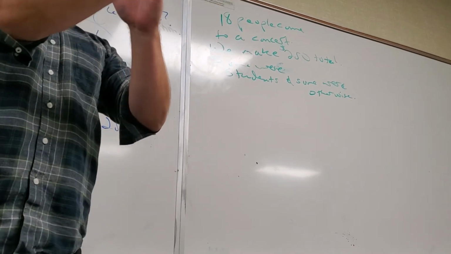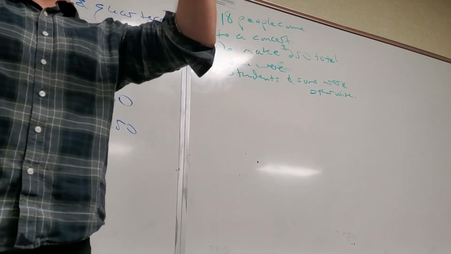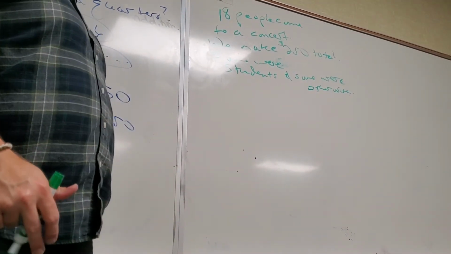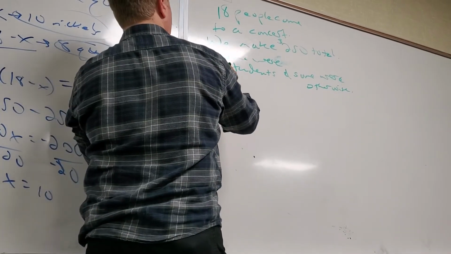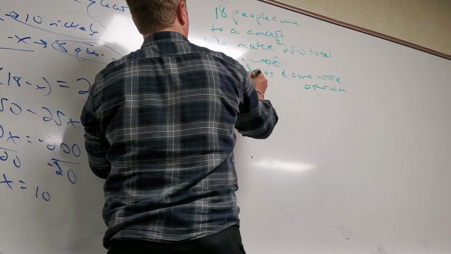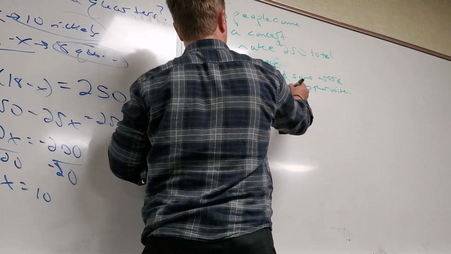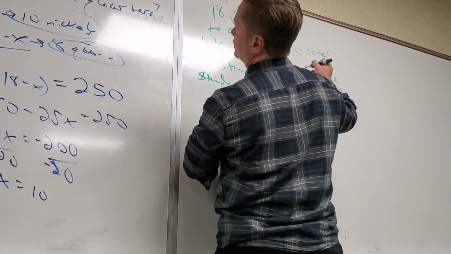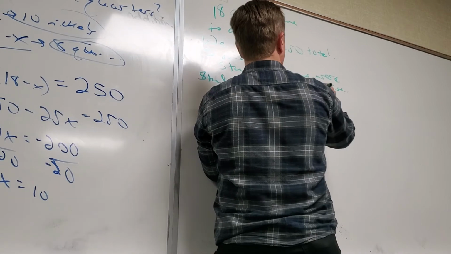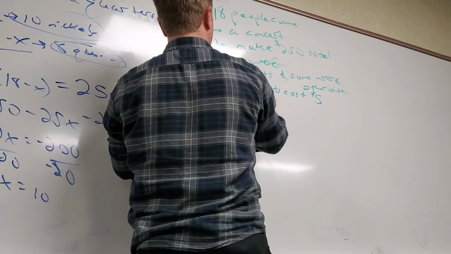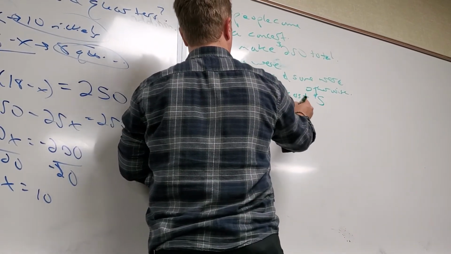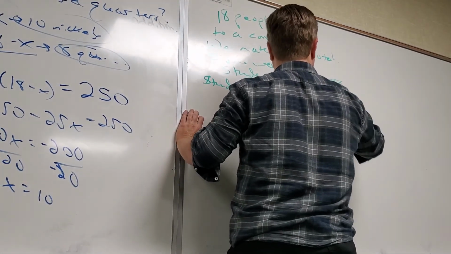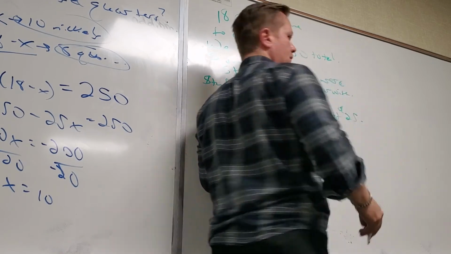Is everybody with me so far? 18 people made up of students and not students went to a concert. The student tickets cost, let's say, just to make something up, $5, and the non-students cost $25.